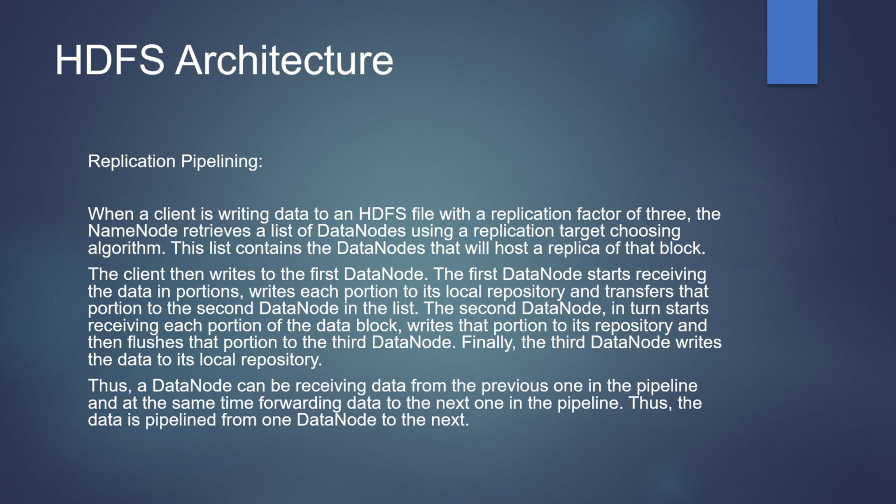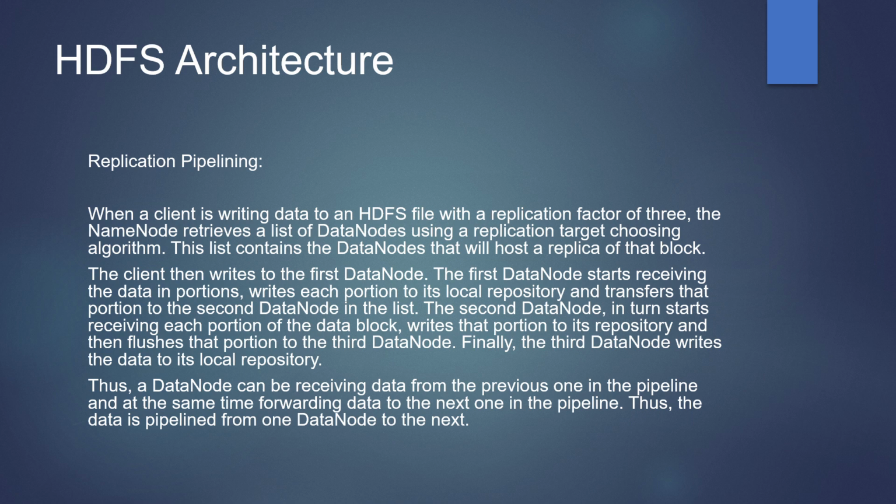The first data node starts receiving the data in portions, writes each portion to its local repository, and then transfers that portion to the second data node in the list. The second data node in turn starts receiving each portion of the data block, writes that portion to its repository, and then flushes that portion to the third data node.